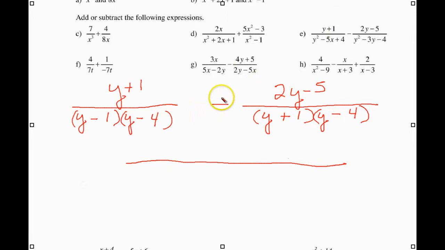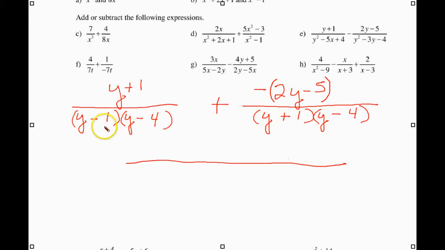My strong suggestion is you're going to make this a positive and then put the negative sign up there. That makes things, I think, a little easier than worrying about this negative sign down there. Put it up there.